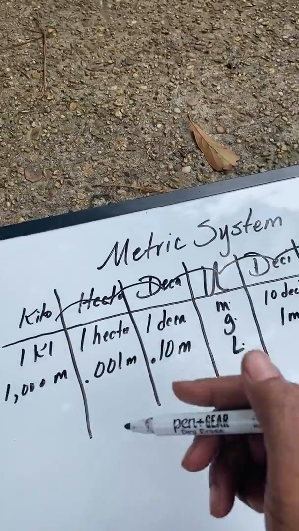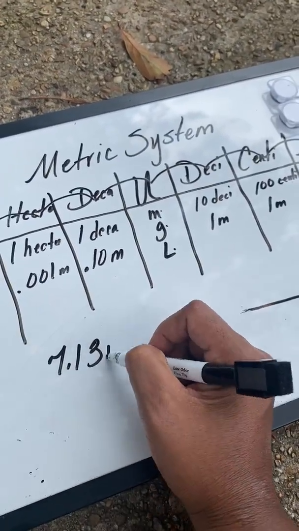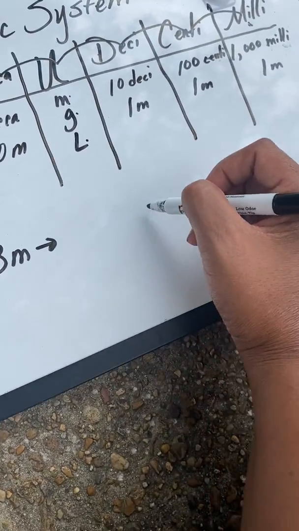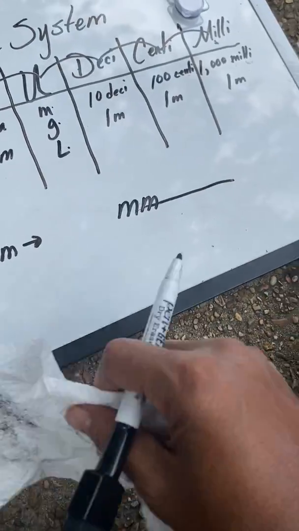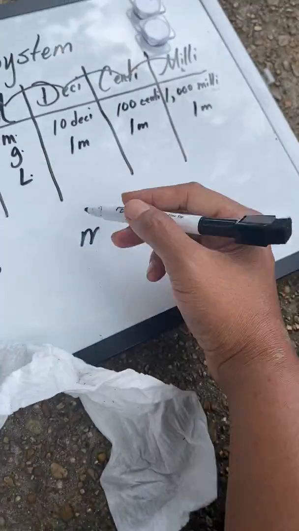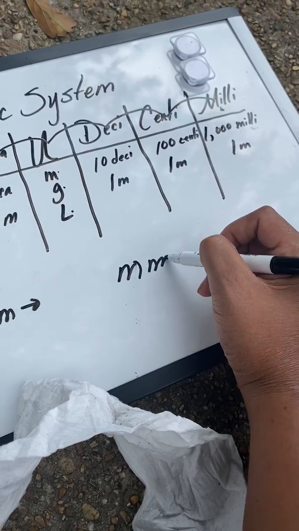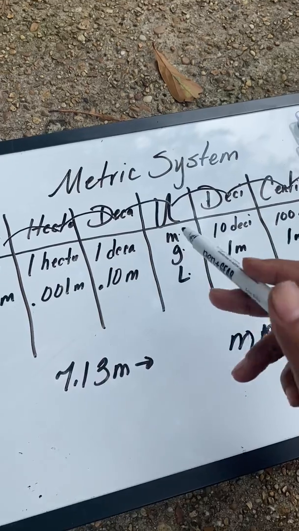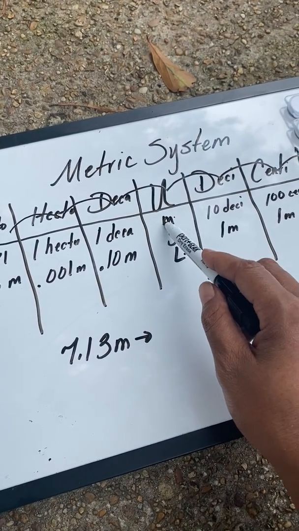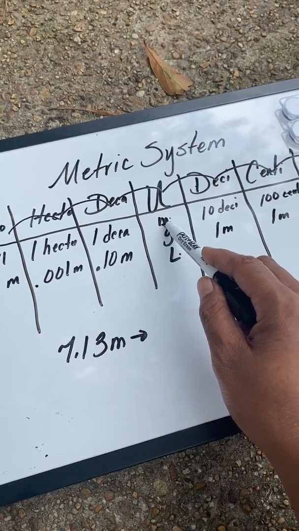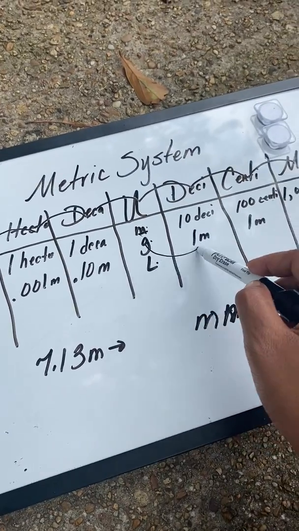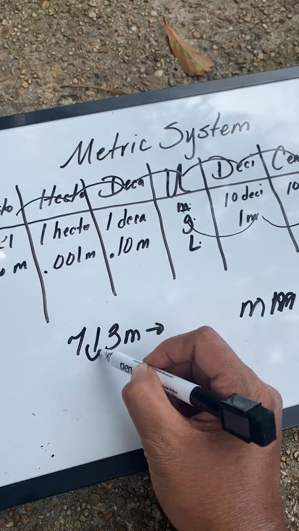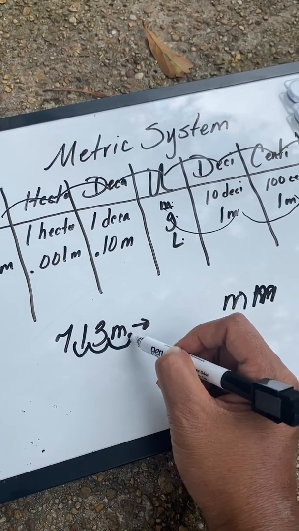All right, 7.13 meters to millimeters is where we're going. Meters is here, so this is where we'll start. We'll go to millimeters: 1, 2, 3. We come to this decimal and move it 1, 2, 3.